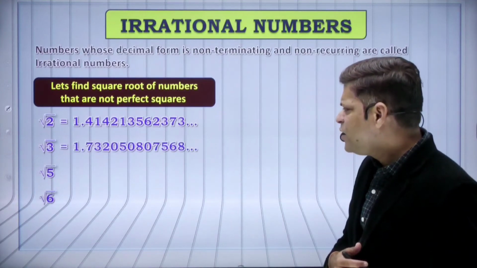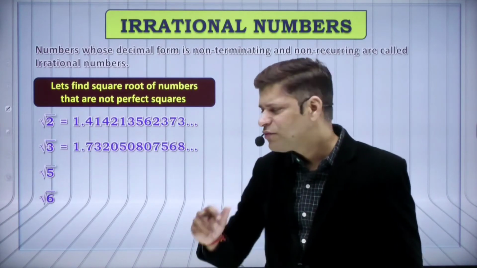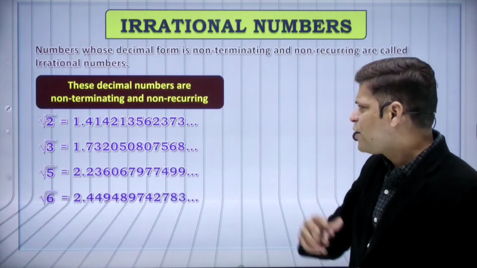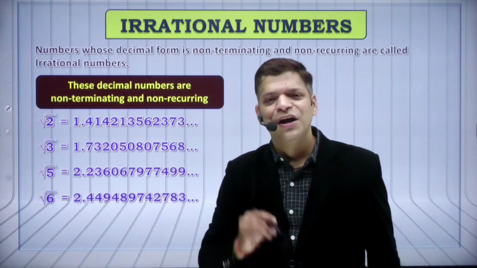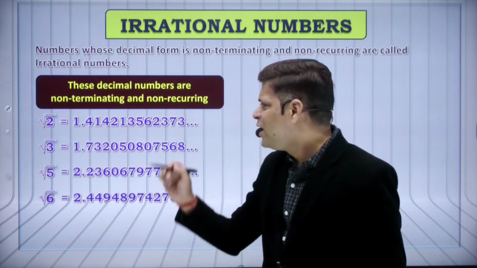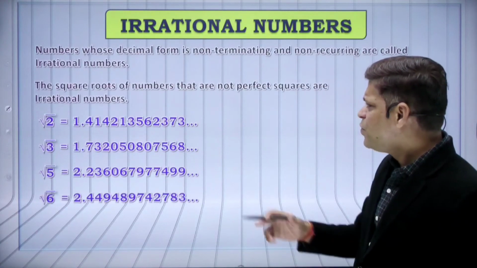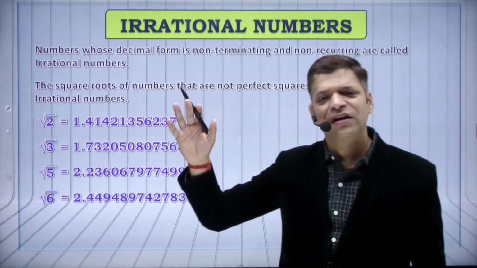Similarly the same with the square root of 3, the square root of 5, and the square root of 6. These decimal numbers are non-terminating and non-recurring.